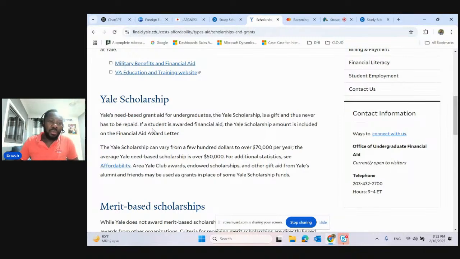You don't have to pay back. They have stated it here. The scholarship can vary from a few hundred dollars to 70,000 per year, depending on the program you're studying, the related tuition and expenses that you need to fulfill. But for the need-based scholarship, it's over 50,000 per person. For additional statistics, you can see the affordability and all that.